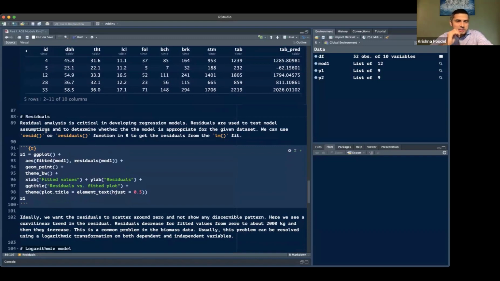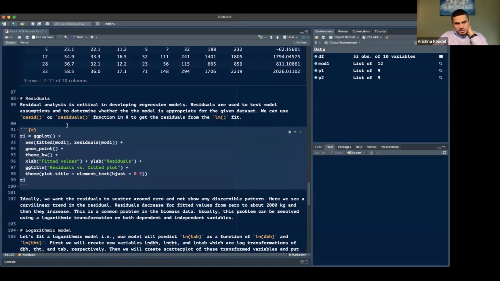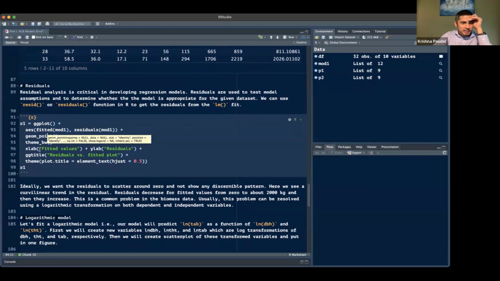Residuals are just the differences between observed and predicted values. We can get residuals using the resid function or residuals function in R. With ggplot aesthetic, on the x-axis I want the fitted values, and on the y-axis I want the residuals from this model, and I want a scatter plot, and I want the labels and also a title.